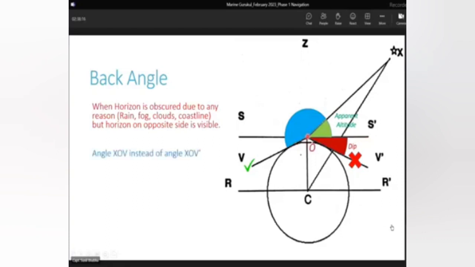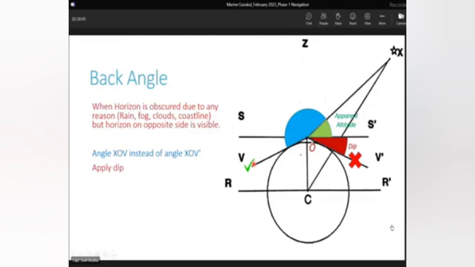The blue angle which we have obtained is angle XOV. X is the center of the body, O is the observer's eye, and V represents the horizon in the opposite direction. To this angle, after applying the index error, that is the instrument error, we again apply the dip correction as usual. We would be given the height of eye of the observer in these questions.